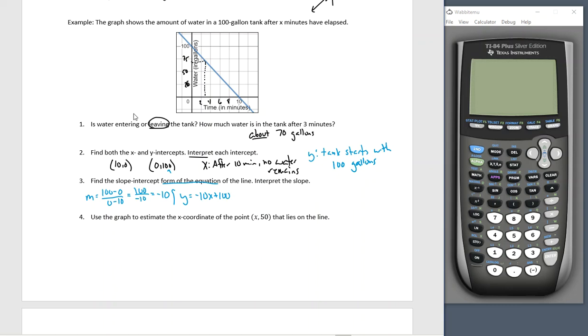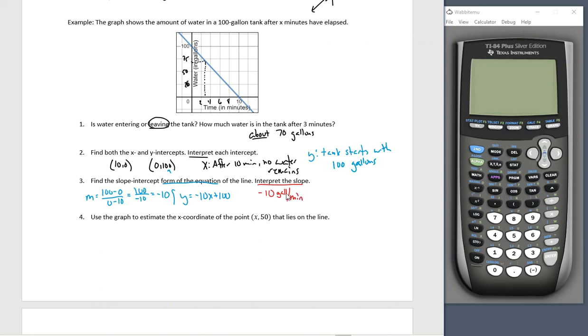But what does the slope of the line mean? All right, what is this slope? Interpret the slope. So negative 10, what are our units? On the output, we have gallons of water. On the input, we have minutes.